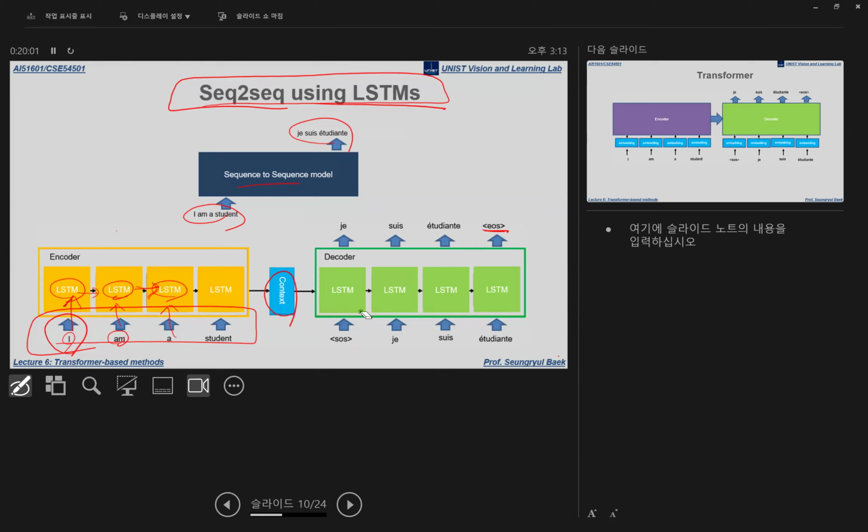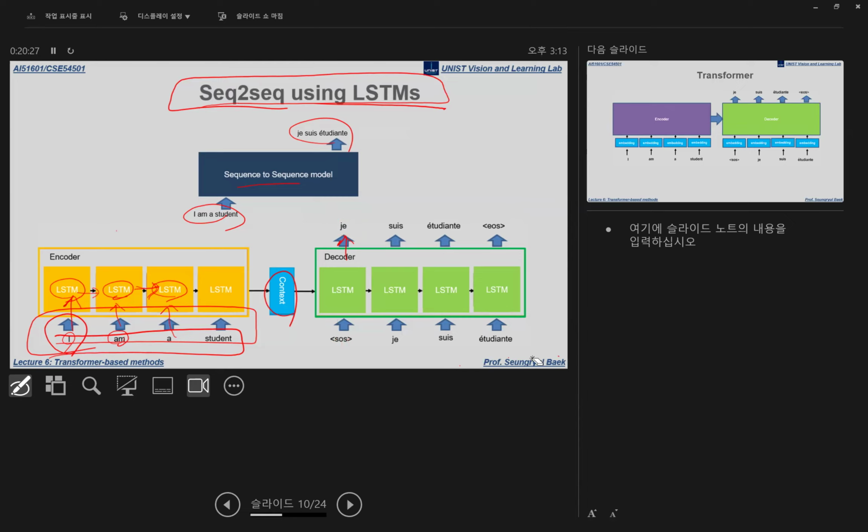They only input this starting token, and then the decoder will decode the first word of the output. In French, for the English sentence 'I am a student', this is the corresponding French sentence, okay? And then they estimate only the first word of that output sentence.